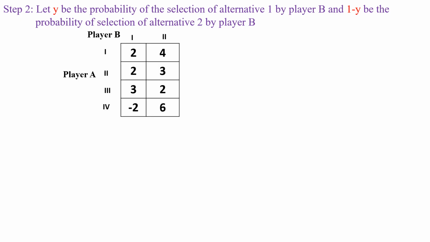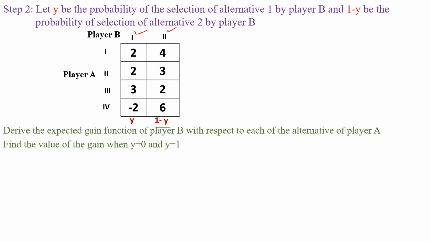Let y be the probability of selection of the first strategy, and 1 minus y the probability of selection of the second strategy by player B. Next, derive the expected gain function of player B with respect to each alternative of player A. Then find the value of the gain when y equals 0 and y equals 1.